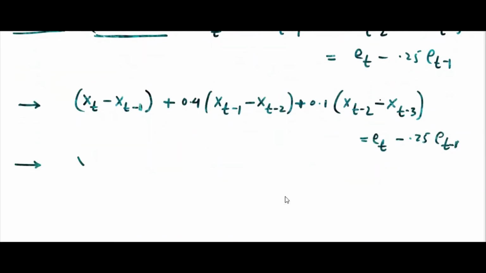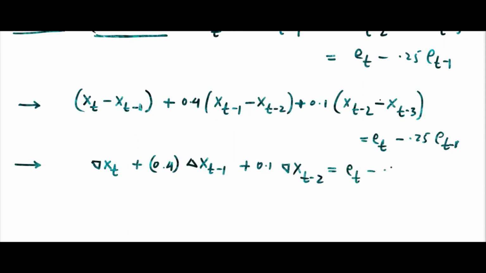Then we'll take xt minus 1. Okay, this one we will write as yt, or maybe you can write delta xt, plus 0.4 delta xt minus 1 plus 0.1 delta xt minus 2, that is equal to et minus 0.25 et minus 1.